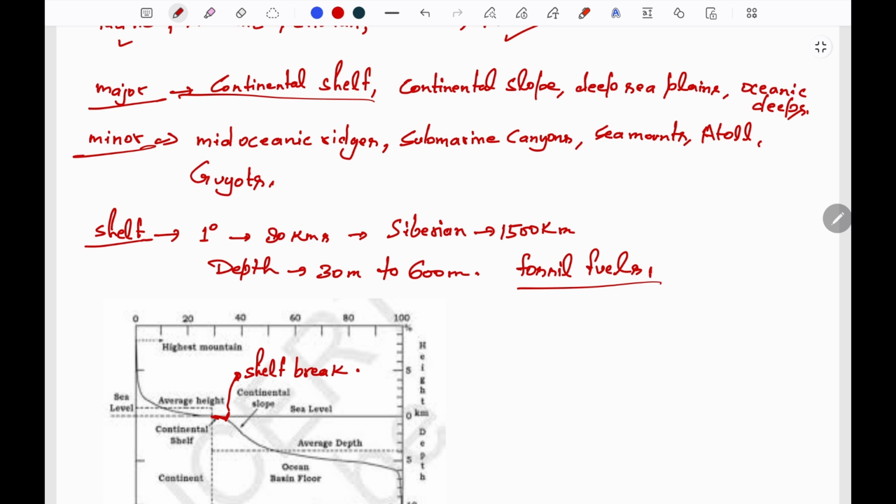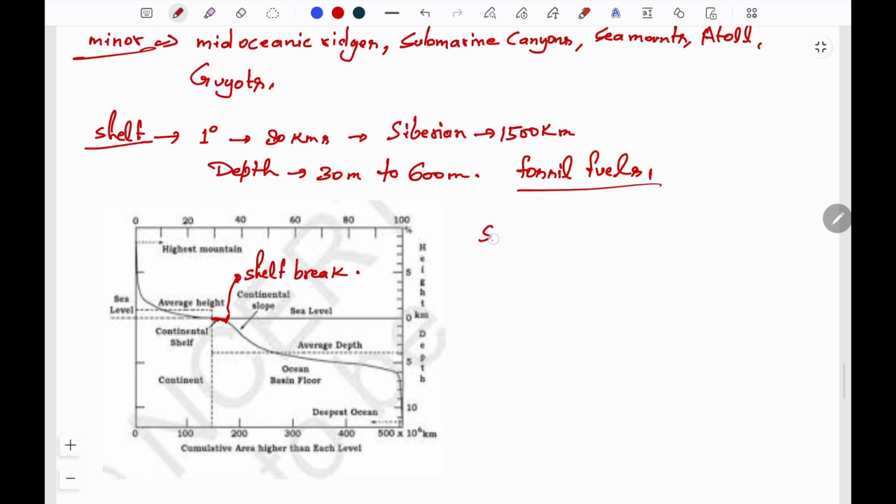Now moving on to the continental slope, the intermediate region between ocean basin and continents. It has a steep gradient from 2 to 5 degrees, and its depth varies from 200 meters to 3000 meters.